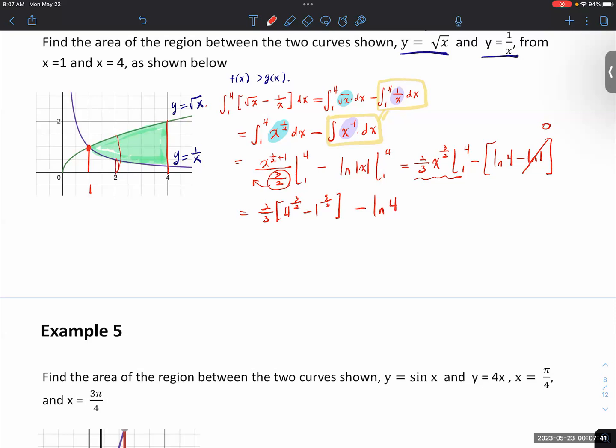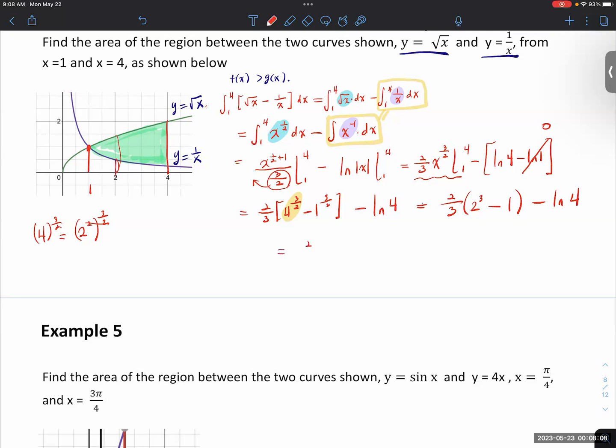Okay, so we're going to keep simplifying this part, right? 4 to the 3 over 2. 4 is 2 squared, to the 3 over 2. So the 2 on top and bottom is going to be cancelled. So 2 over 3, we have a 2 to the third remaining only. And then 1, whatever exponent, is 1, minus ln 4.